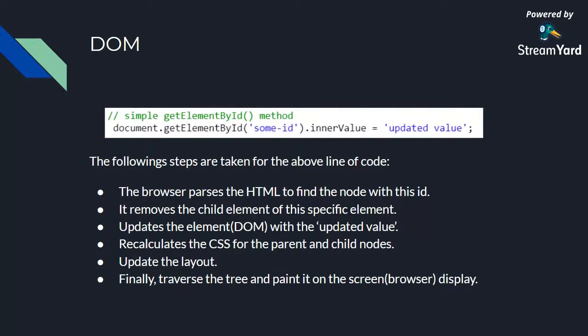This whole section of steps is just to update a value. Imagine if you need to update so many values at the same time, the browser will hang. The browser will have a problem keeping up with all those manipulations at the same time.